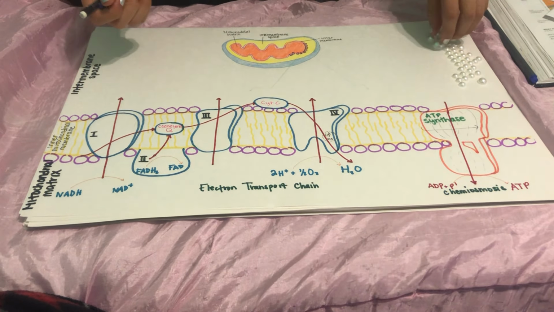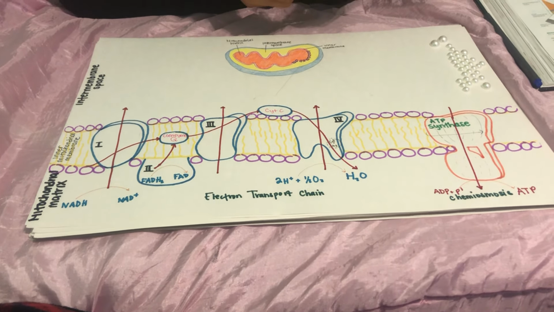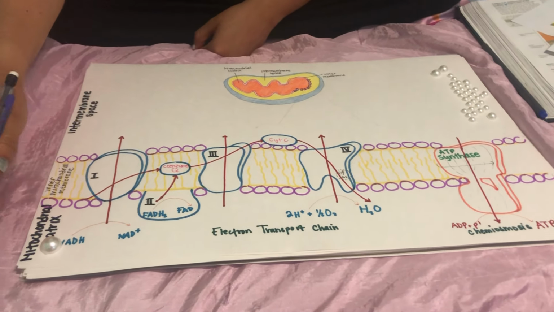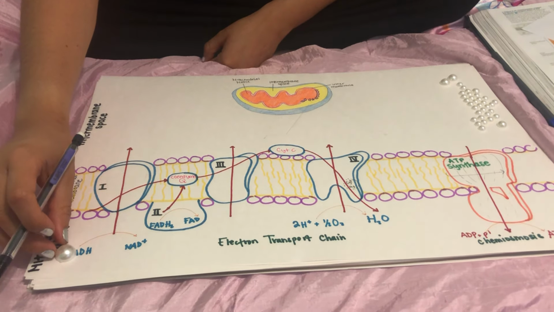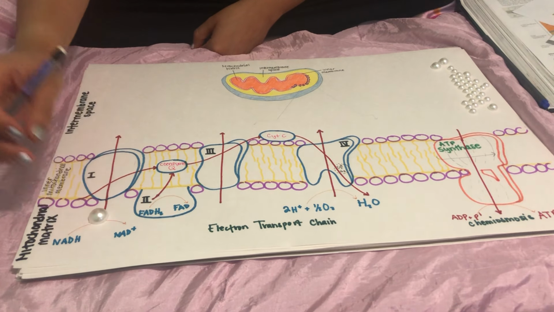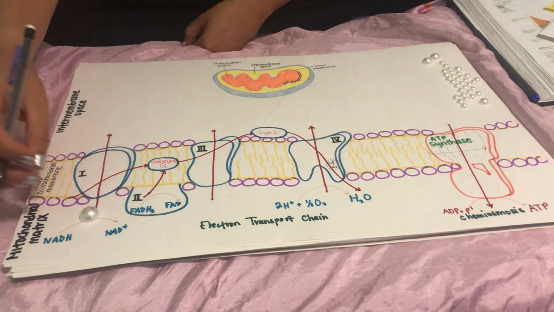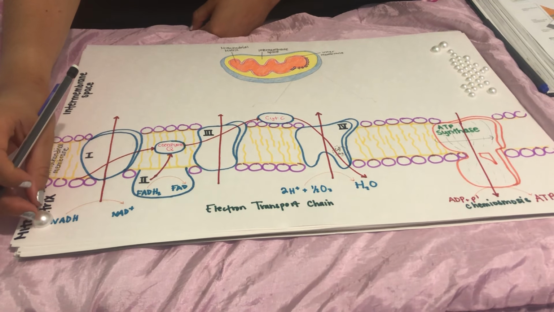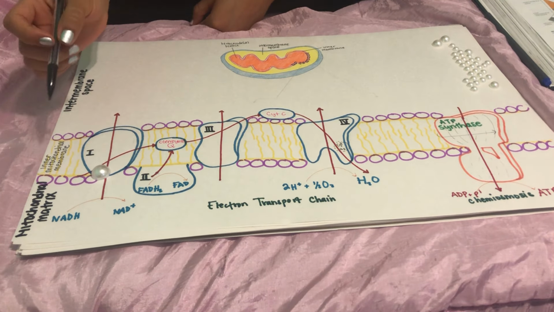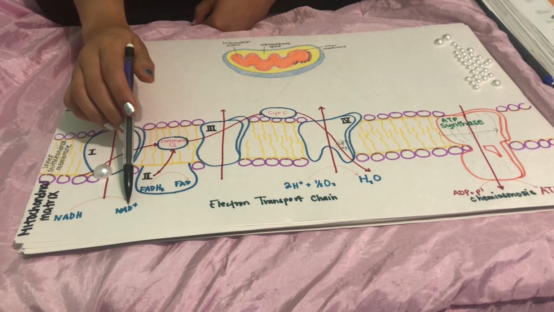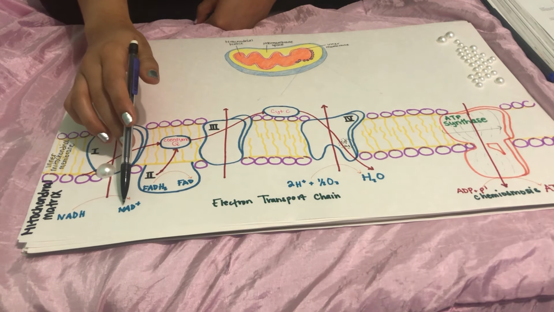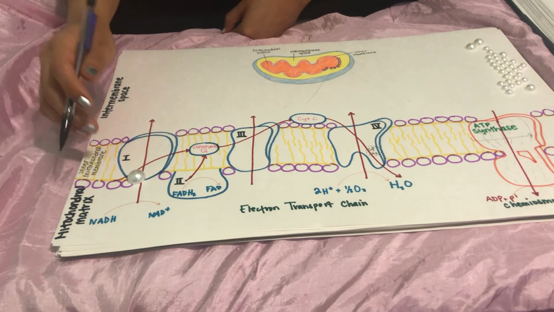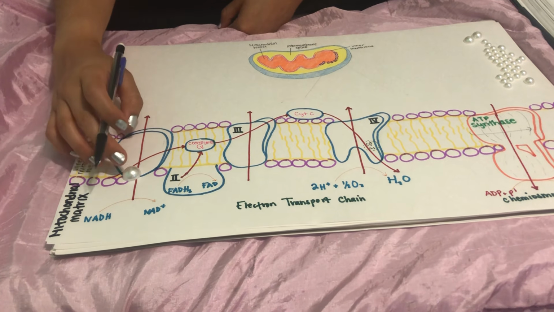So we have our little NADH electron carriers coming over from the other steps and arriving at the mitochondrial matrix. And so the NADH drop off their electrons and it's oxidized back to NAD plus, and it goes back to get more electrons from the other steps.